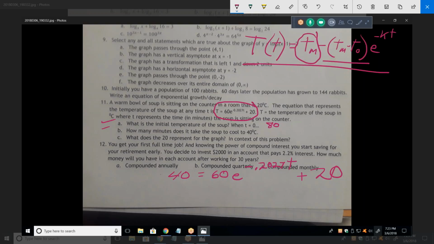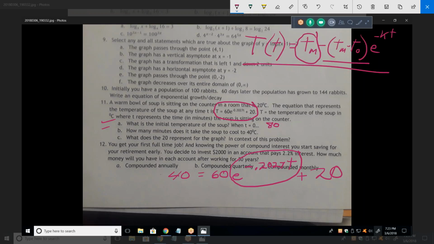What do we know we're going to have to use at some process to solve this? Logs. And in order to use logs, we've got to isolate that first. So get rid of everything else. So subtract 20. And then?